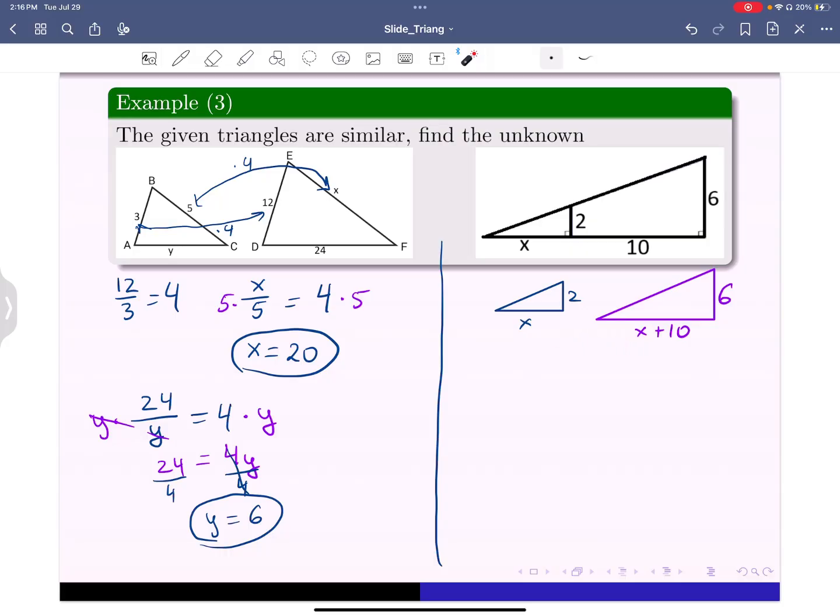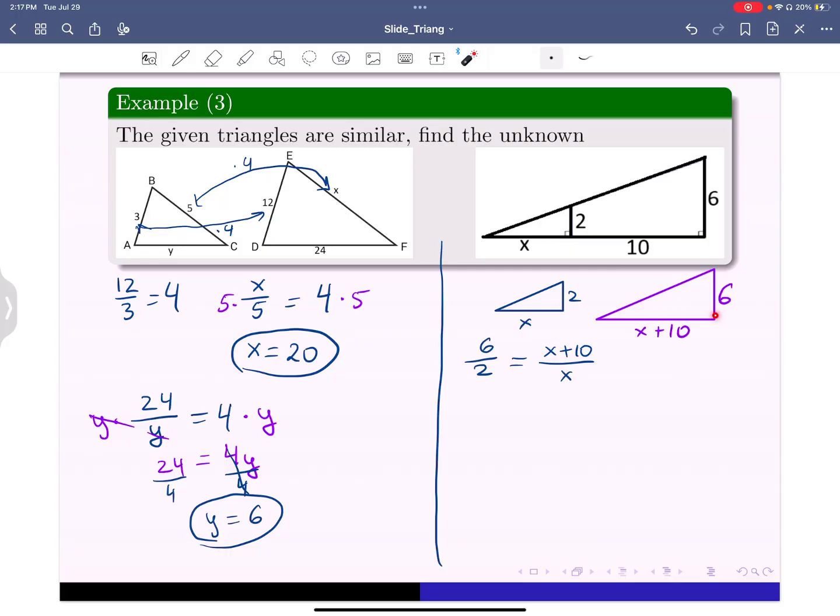But it would be easier maybe to keep setting up a proportion. As I said before, take the bigger side, divide by the smaller side, that would be my scale. That must be equal to the bigger side divided by the smaller side. So we will have 6 divided by 2 must be equal to x plus 10 divided by x.